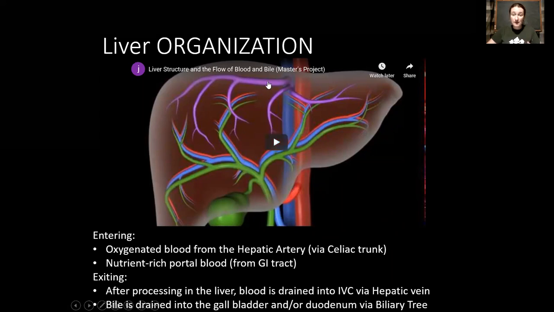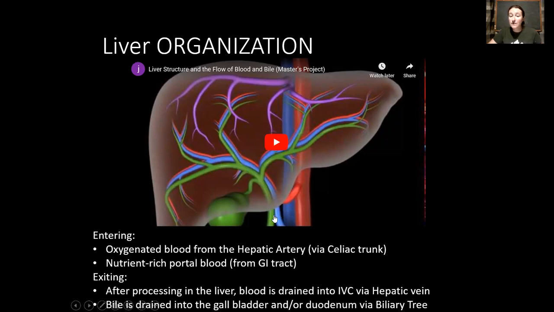And the processed blood, now deoxygenated, is going to flow into the IVC, go back to the heart from the top of the liver. Okay, so the hepatic vein is going to drain into the inferior vena cava from the top of the organ. Right, so the blood supply is entering from the bottom and it's leaving from the top. Also, we have the drainage of bile.